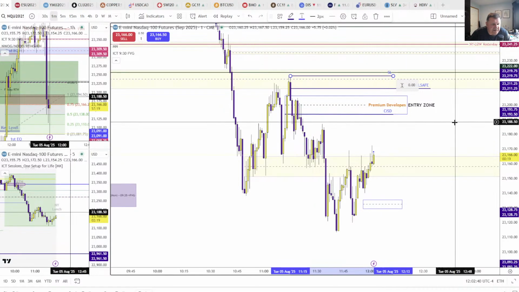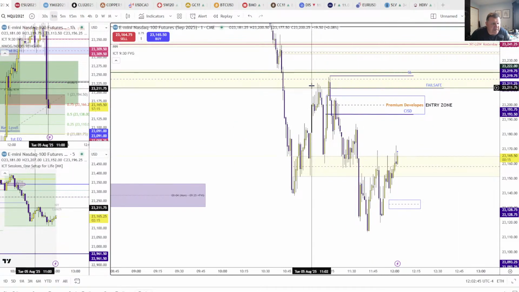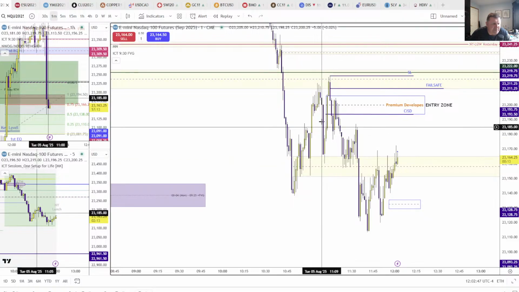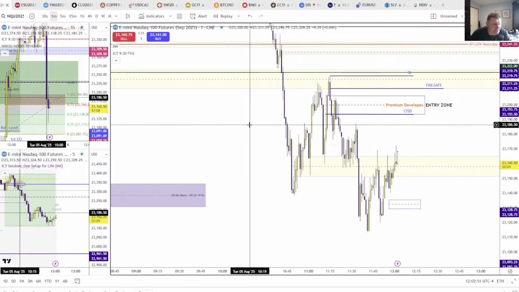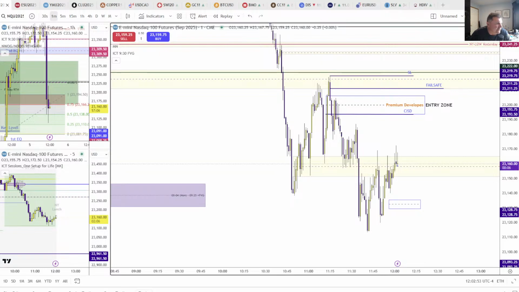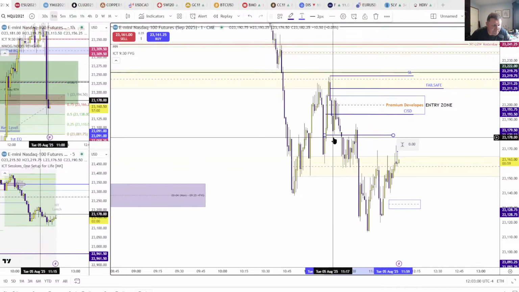So stop loss there, failsafe there, entry zone is in here, and then targeting internal range liquidity, target 1, target here.